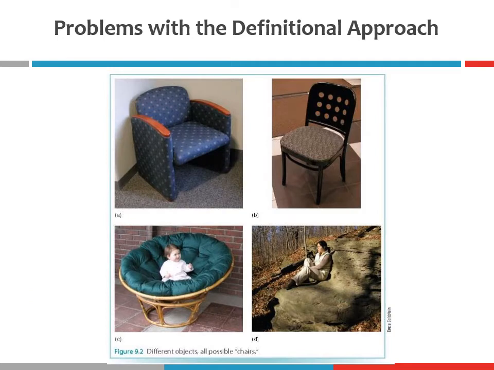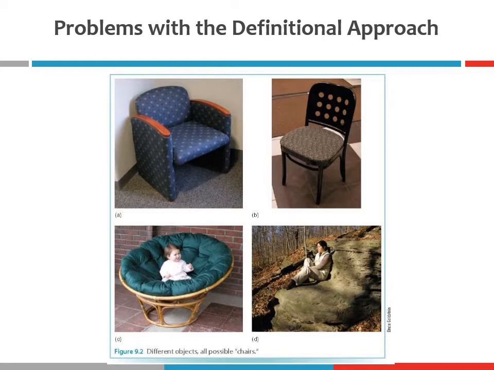Okay, so I gave you before the example of a chair. So why is it that we can't categorize chairs using this definitional approach? Well, the problem is that not all members of everyday categories like chairs have the same features, right?